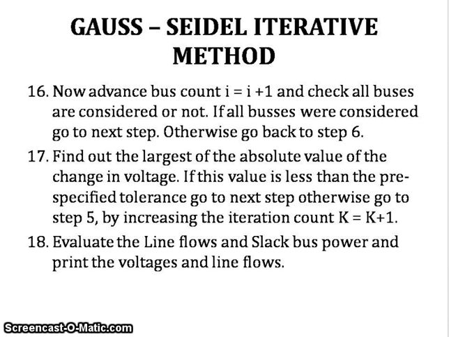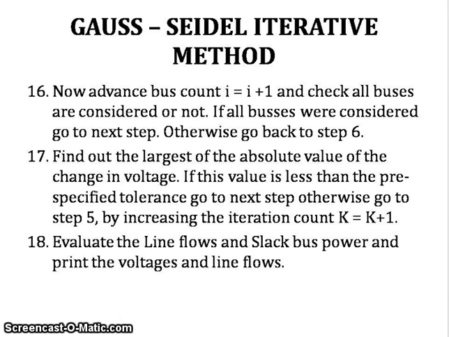Now advance the bus count to i equal to i plus 1 and check whether all buses are considered or not. If all buses, meaning i equal to 1 to n, if there is an n-bus system, then for all n buses we need to compute the value of delta V. So if all buses were considered, go to the next step. Otherwise, repeat from step number 6.